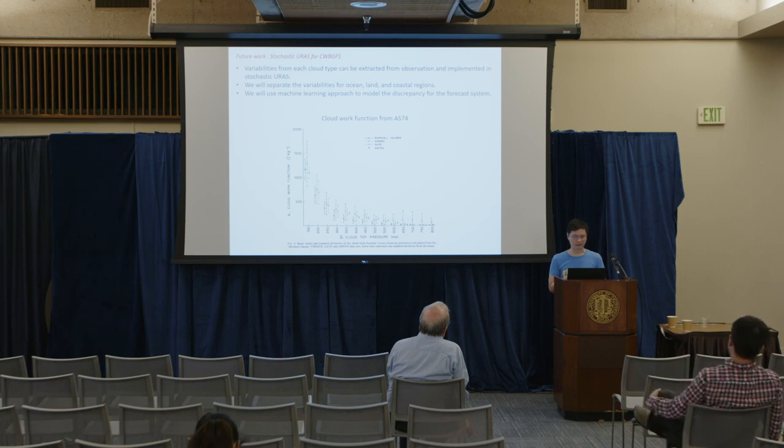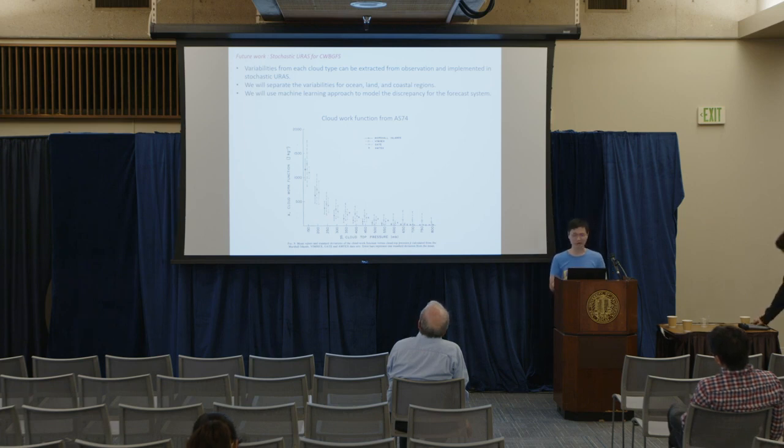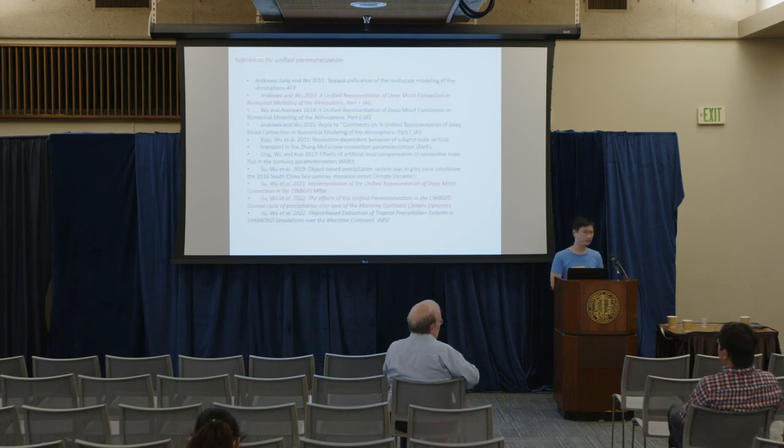We think that the environment can be separated into at least three parts: land, ocean, and coastal region. And for weather prediction, we are thinking of a machine learning approach to model the discrepancy for the forecast system. Okay, thank you.